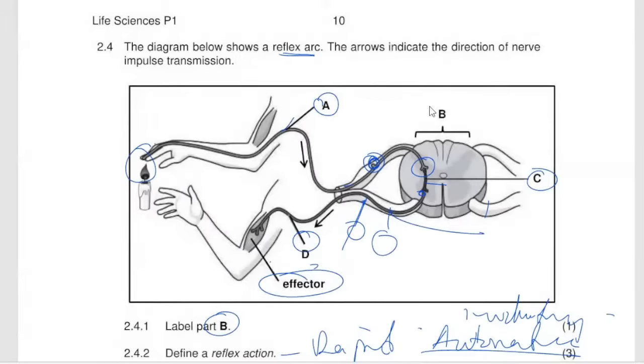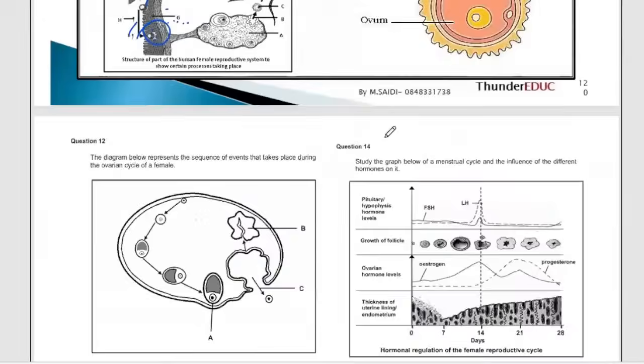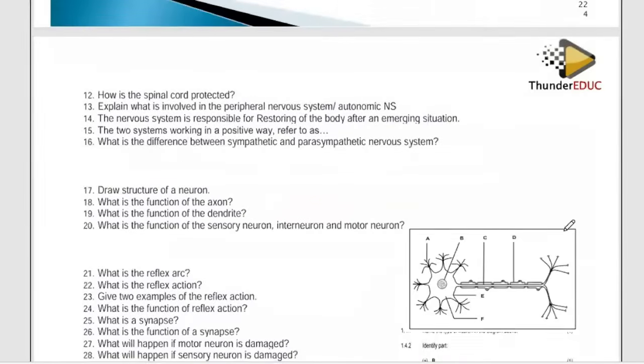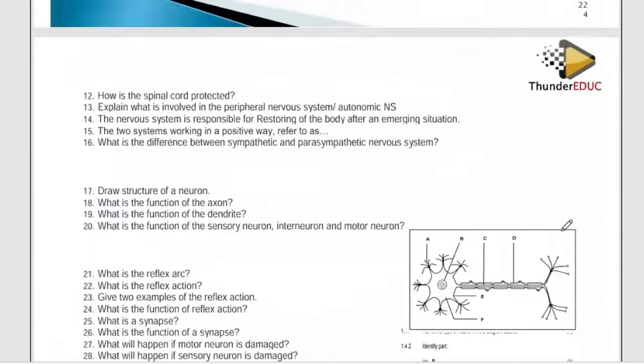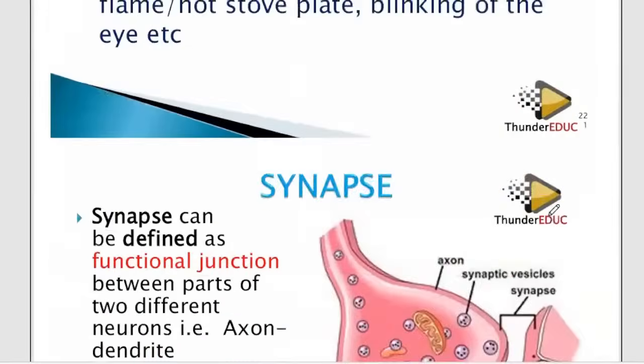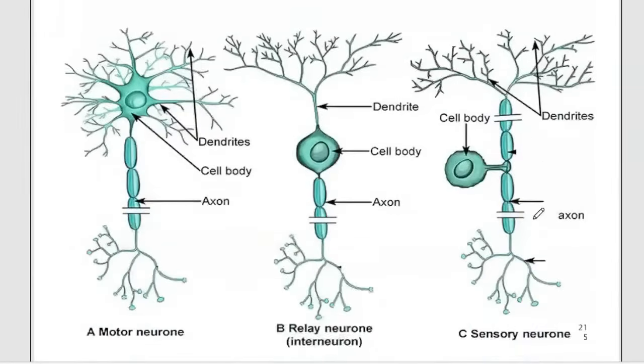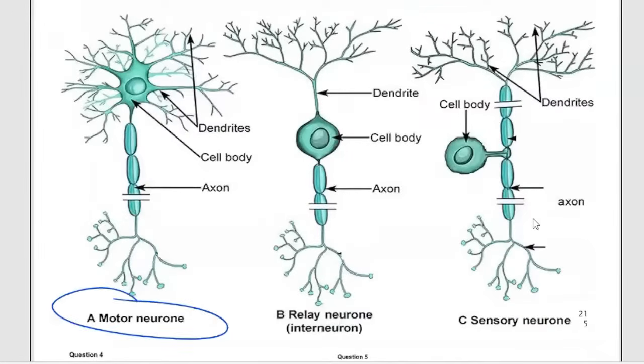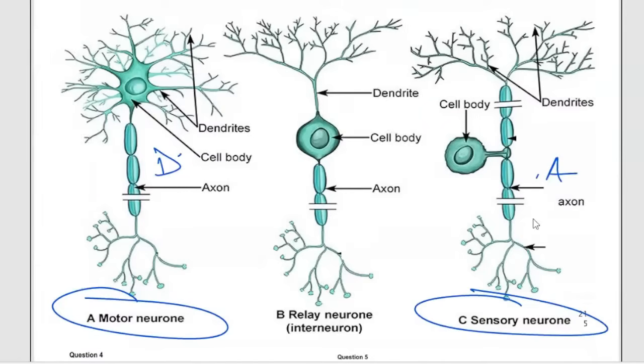So it means that if you look at the two structures, let me just use the material book for that structure. Or we can go back here, and then we see clearly that they are looking for the difference between neuron A and neuron D, of which this is neuron A and this is neuron D. So they're asking you the difference between the sensory neuron and the motor neuron.